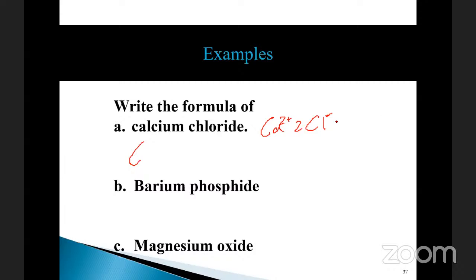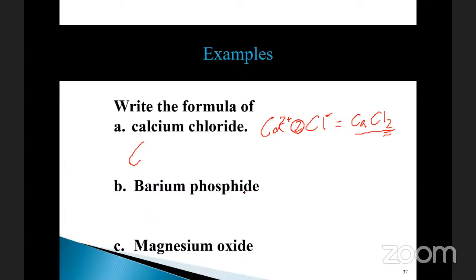So when I put this together, the final answer is going to be CaCl2. This 2 that we multiply the chloride by will become the subscript in the final formula. So this would be the formula for calcium chloride.